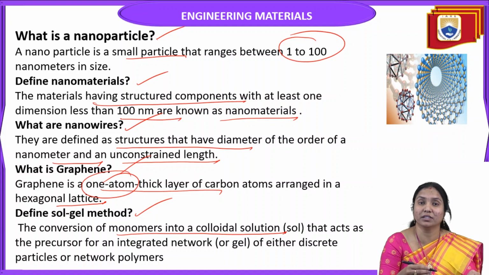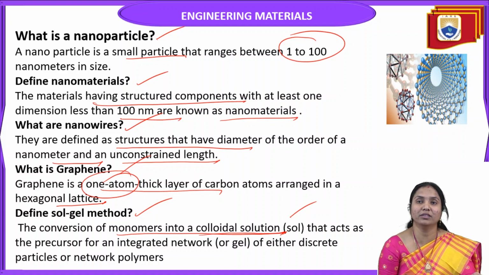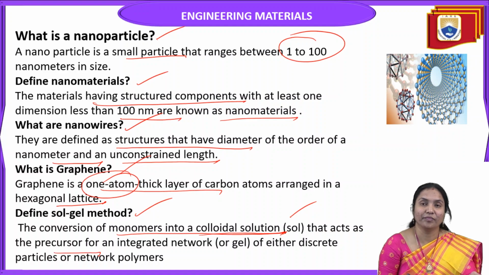We already discussed the definitions of monomer and polymer in previous classes on polymer technology. Here, a monomer is a low molecular weight compound, a single unit or single molecule, and its conversion into a colloidal solution is known as Sol. So that acts as the precursor.